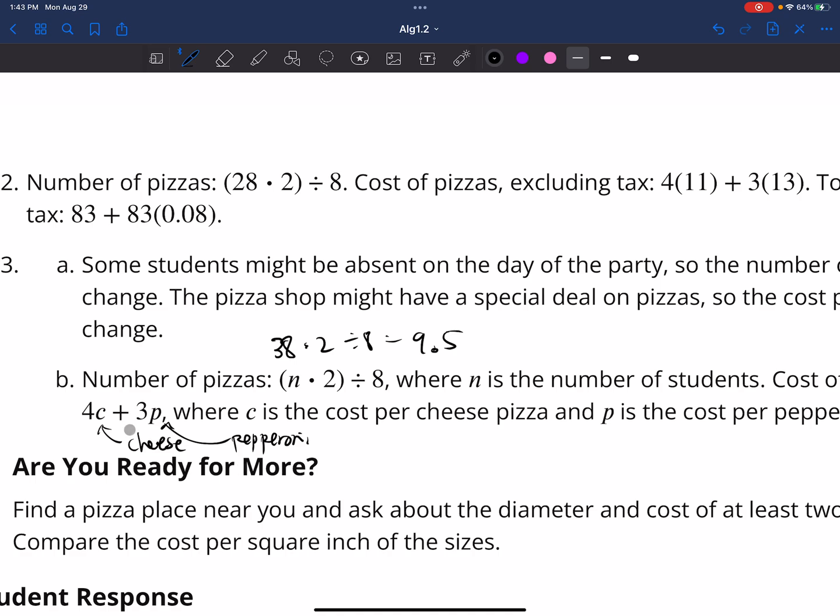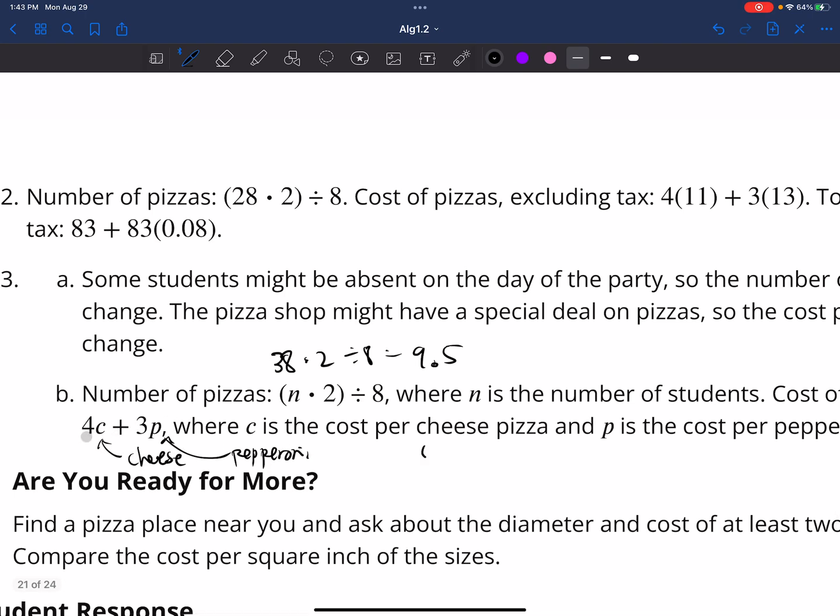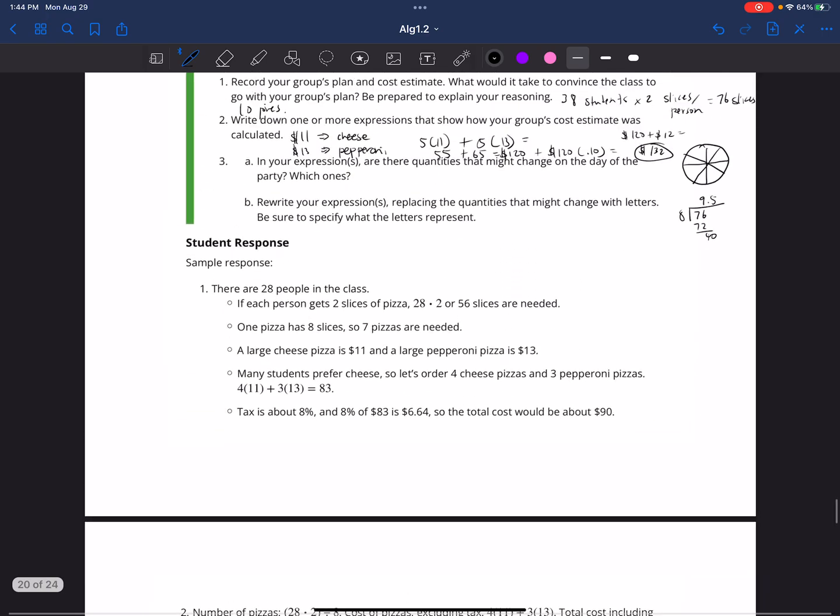They had 4 and 3, which is the number of cheese pizzas. For us, this is not going to work because we're going to get 5 cheese plus 5 pepperoni.